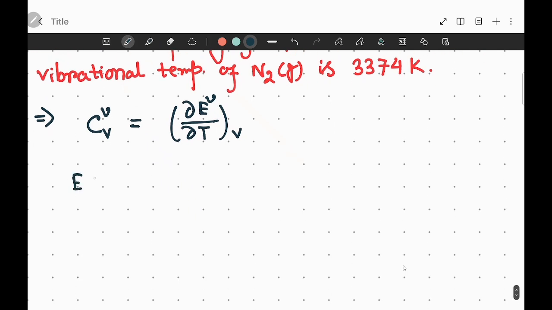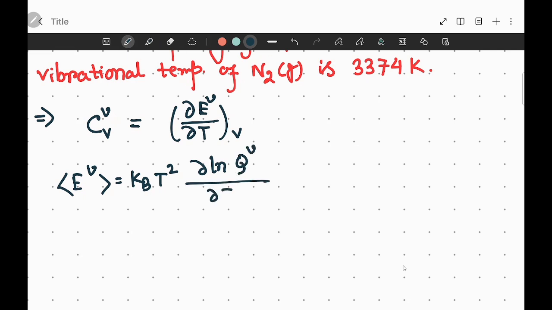And what will be that E vibration? We know this is the average from statistical thermodynamics. This is kB T square d ln Q by dT at constant V. And that Q is also due to the vibration. Now, for vibrational you have to consider the molecular partition function, then only you can incorporate that vibrational part.